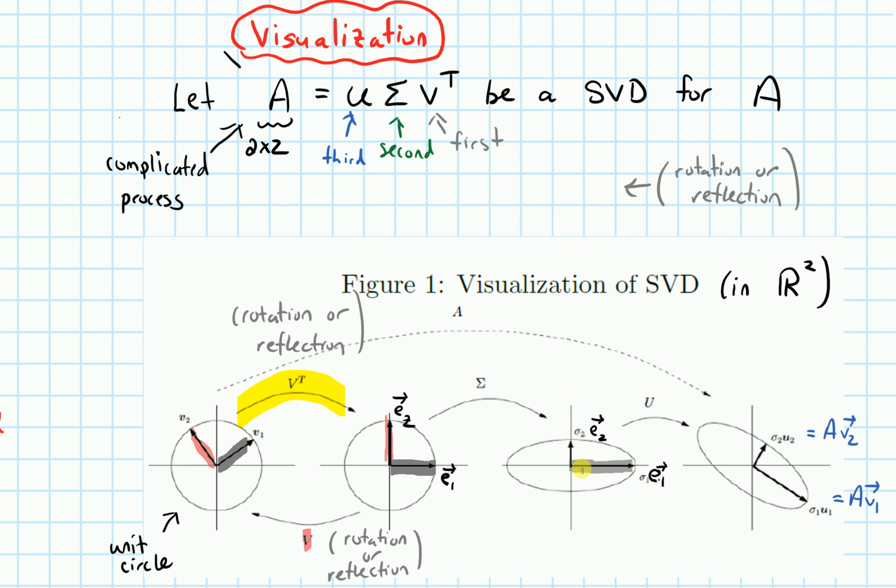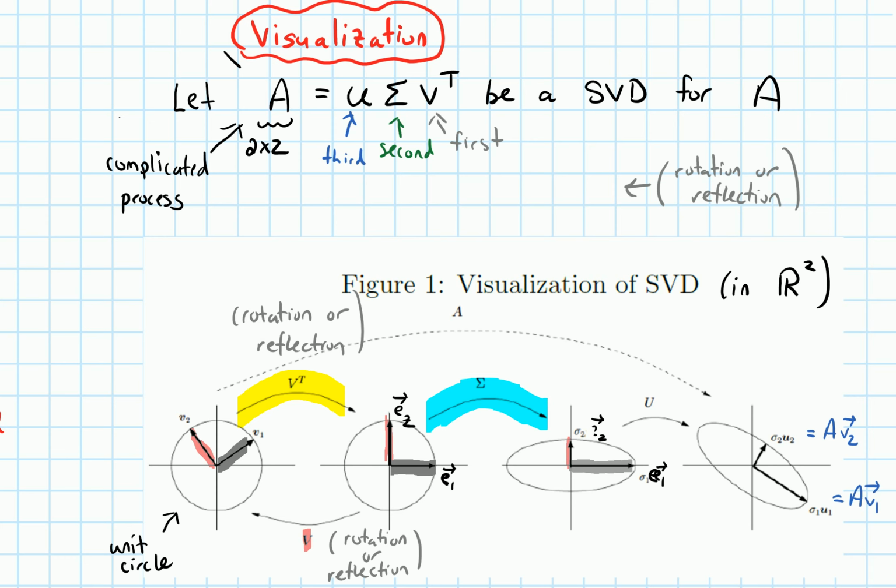So E1 is getting scaled by that first singular value. In the same way, sigma is going to scale E2 by a factor of the next singular value, sigma 2. Notice it's taken this unit circle and stretched or shrunk it into an ellipse. That is what this matrix sigma is doing.